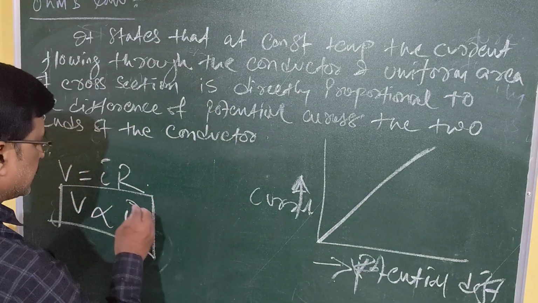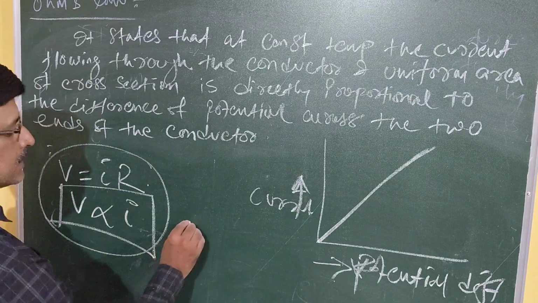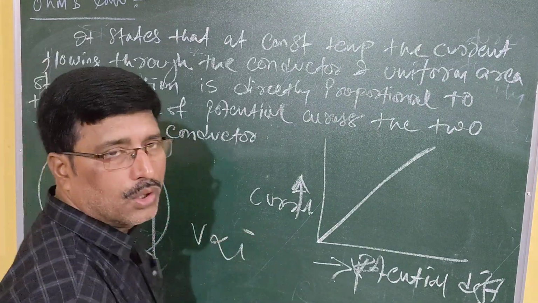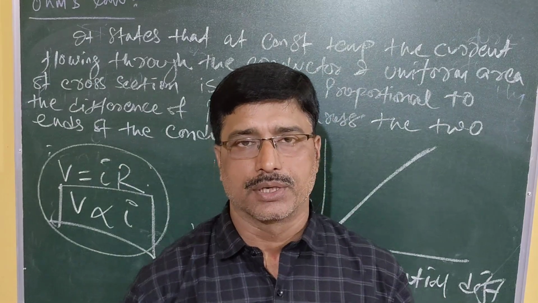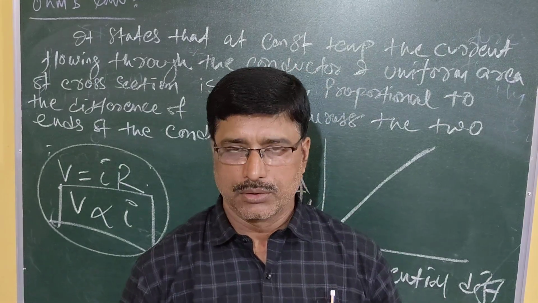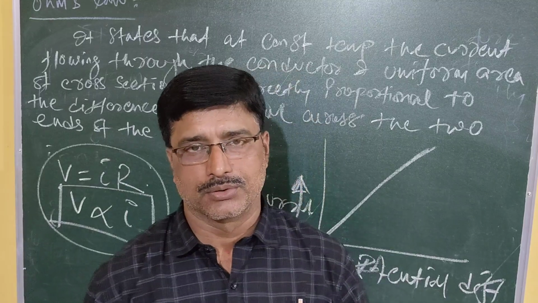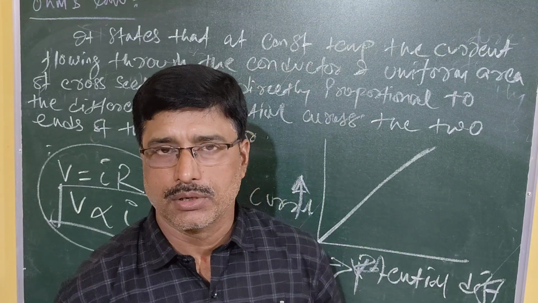So this gives the whole formula, V proportional to I: the potential difference across the conductor is directly proportional to the current, or the current is directly proportional to the potential difference across the conductor.